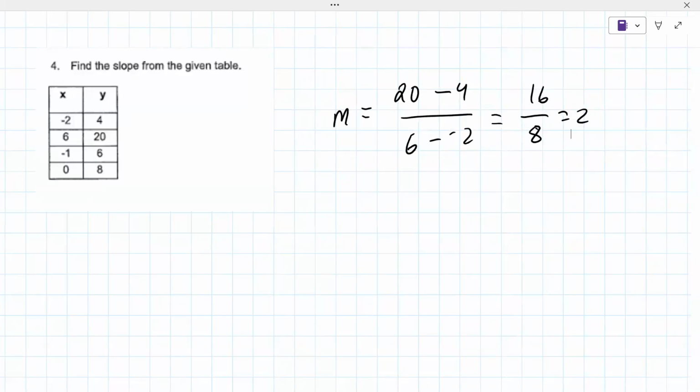All right, so for 6, 7, and 8, these are just pure slope formula. So give those a try, please. Okay.